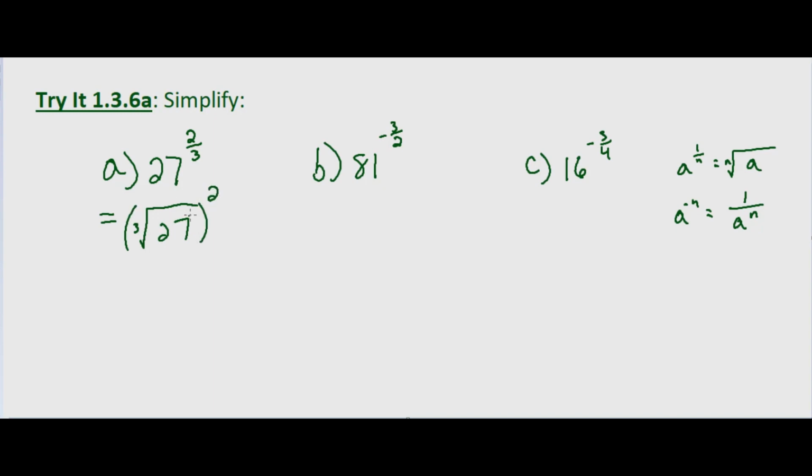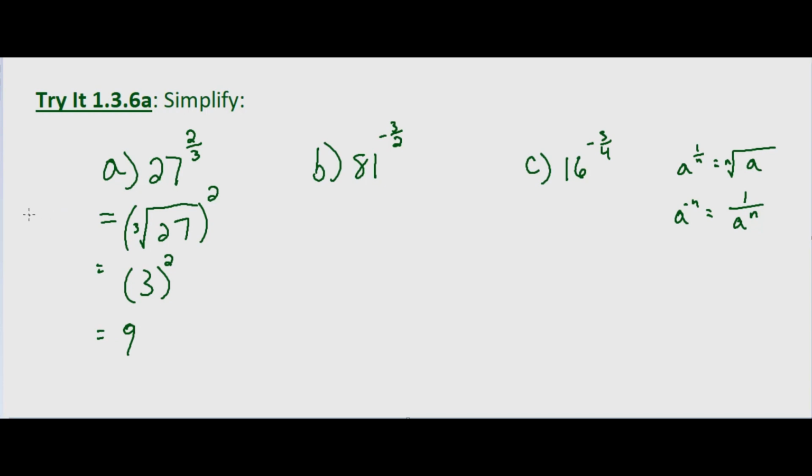Well, the cube root of 27 is simply 3. So this is going to be 3 squared. It's always good to keep it in parentheses just in case there is a negative. It's a good habit, so you don't lose the negative sign. In this case, there is no negative, so it's just 3 squared, which equals 9.